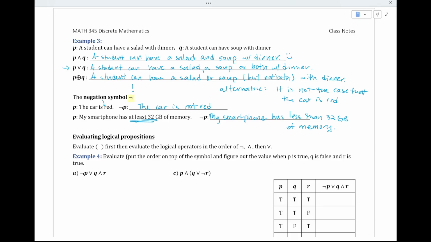So here's another example where I've actually changed some of the words to contextualize what not means in this case. I could also do my alternative with this one. It is not the case that my smartphone has at least 32 gigabytes of memory, but I'm going another step and making it a little bit more contextualized. What is the opposite of at least 32 gigabytes? It's less than 32 gigabytes.